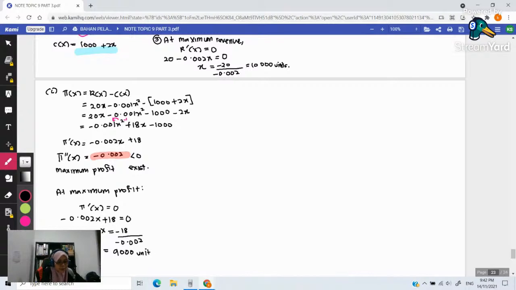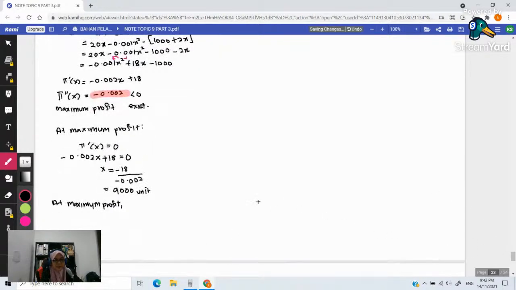We write the conclusion: at maximum profit, the quantity is 9,000. That means the seller needs to sell 9,000 units to maximize the profit.